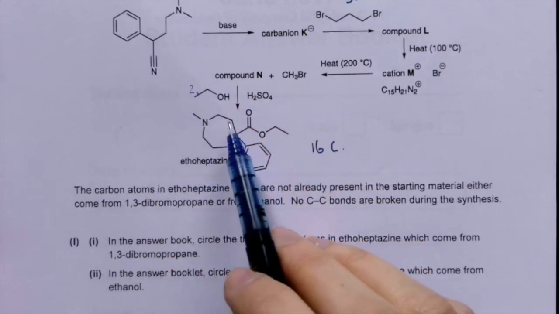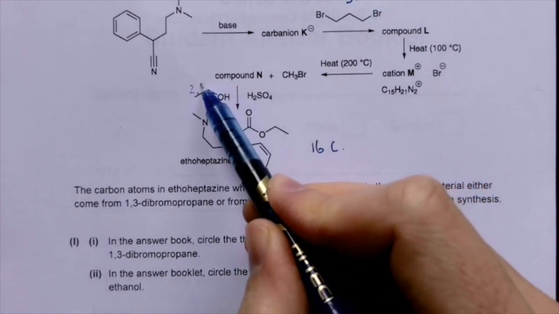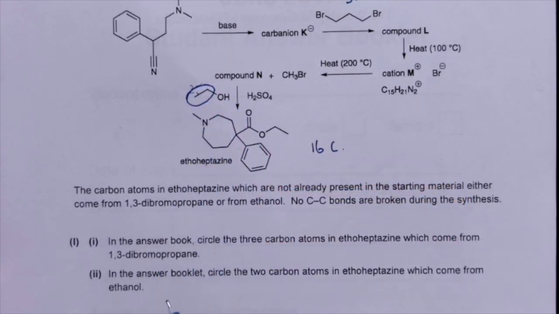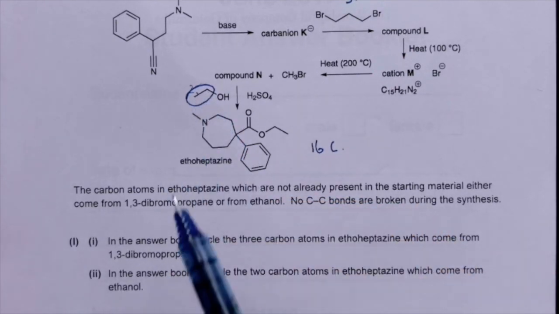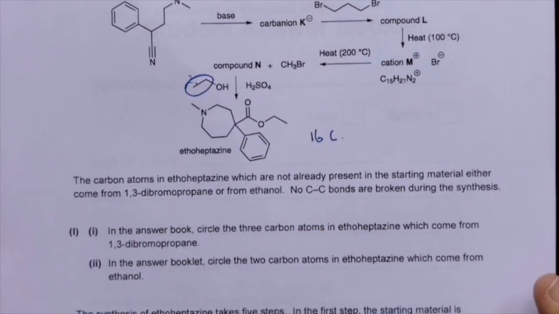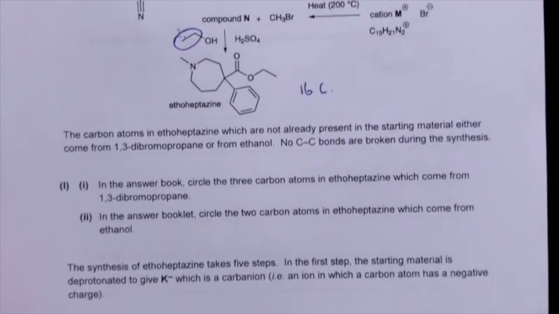So you can work out from the length of the carbon chain which one it is, and that should allow you to decide which carbon atoms are from dibromopropane. It should also be fairly obvious which are the 2 carbon atoms from ethanol, which is required for the next question, because remember, these 2 carbon atoms are bonded to each other, and that bond isn't broken. You don't need to worry about what's actually going on.